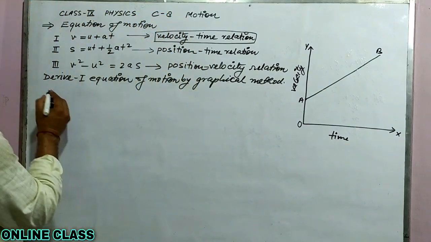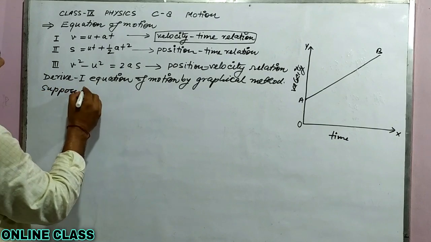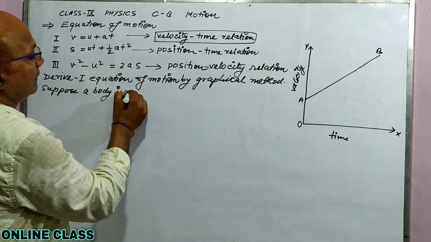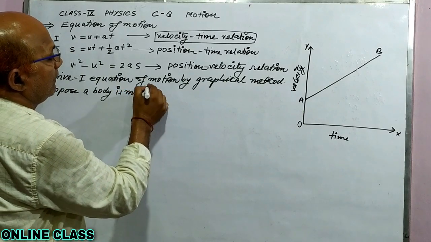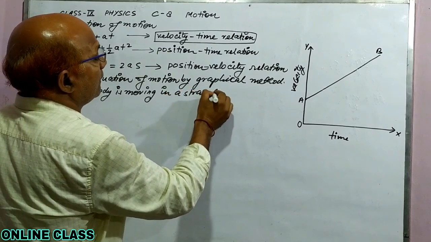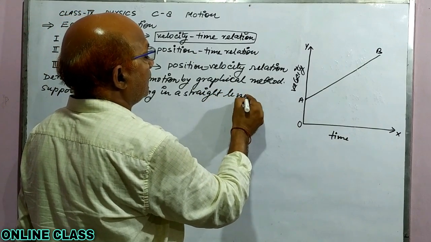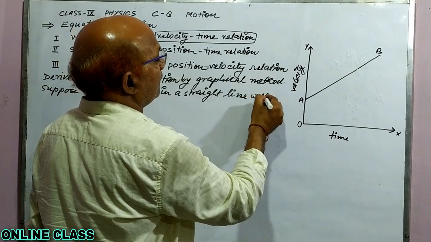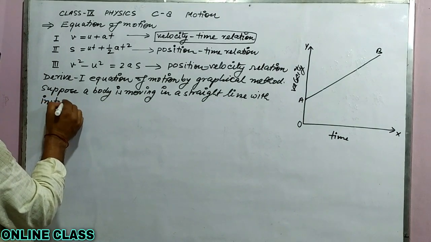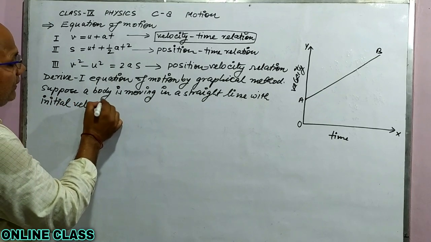So suppose a body is moving in a straight line with initial velocity u.